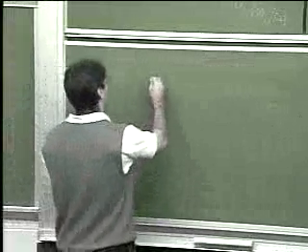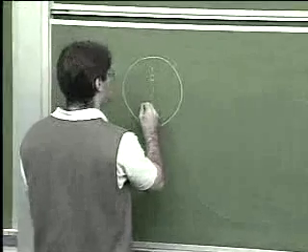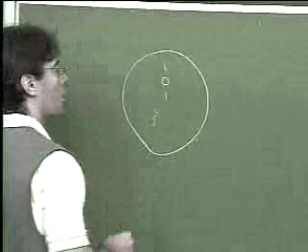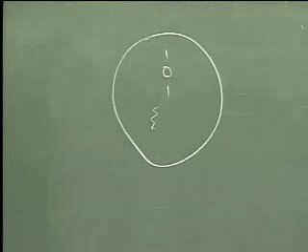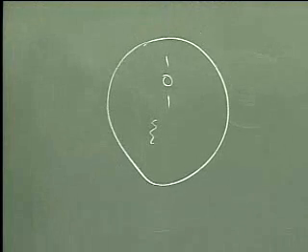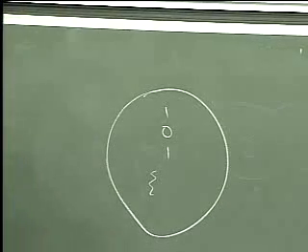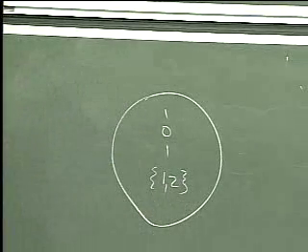Okay, let me draw a state that's very similar. 1, 0, 1. But suppose I've got packets from flow 1 and flow 2 sitting in the buffer already.